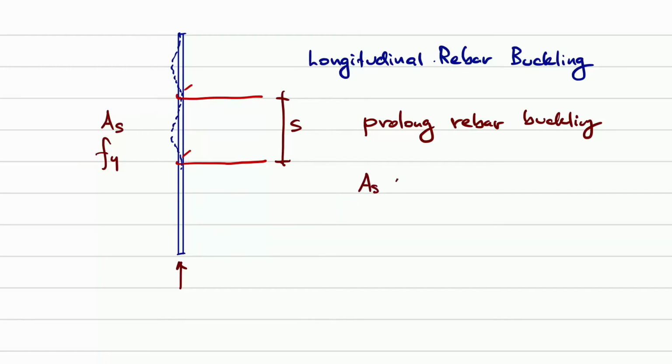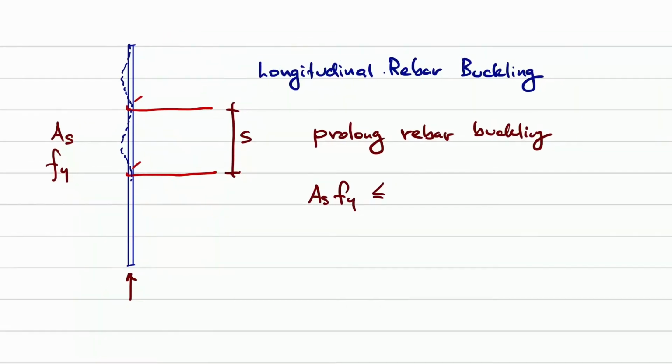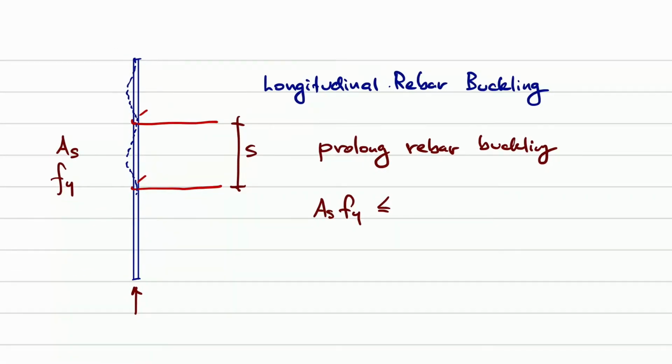So As Fy has to be, well, you equate it, or actually it should be guaranteed less than what? P critical of this bar, the buckling load of the rebar.